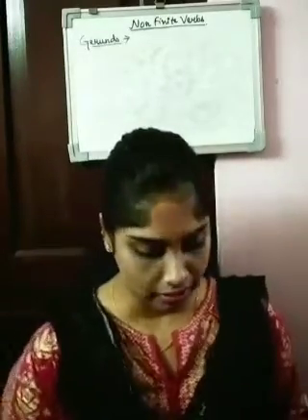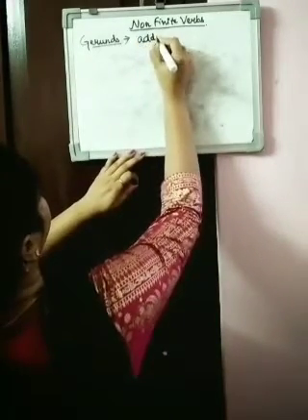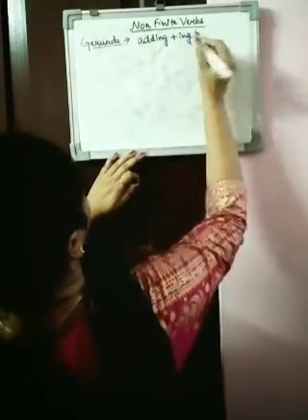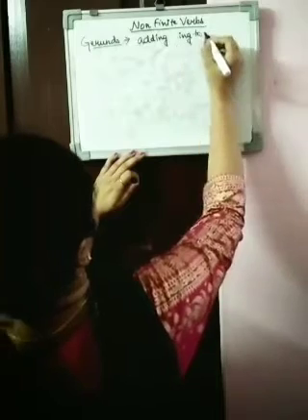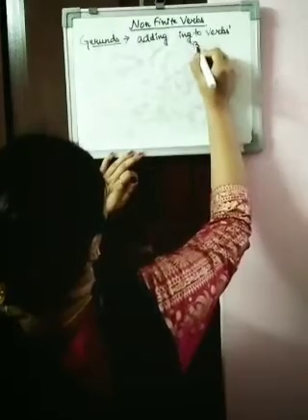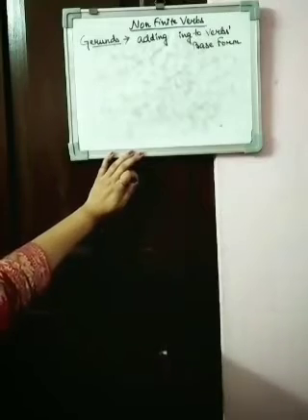Now, when these action words are used in the form of a noun, or in the sentence they act like a noun, they are called gerunds. Now how are they created? By adding ing to the base form of the verb. Understood?